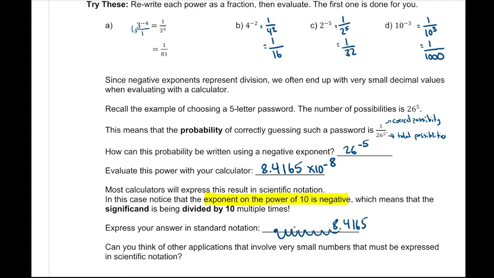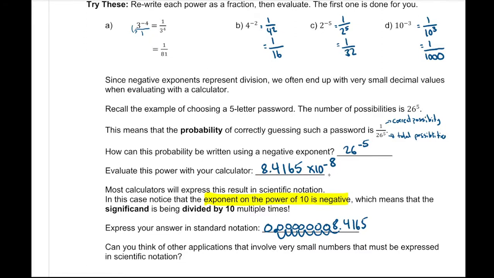I need to fill in these missing spots with zeros as placeholders. So there's 1, 2, 3, 4, 5, 6, 7 zeros in front. It's 1 less than what we actually see here because this decimal place has to move 1 in front.